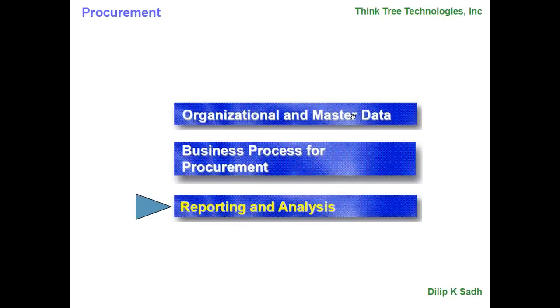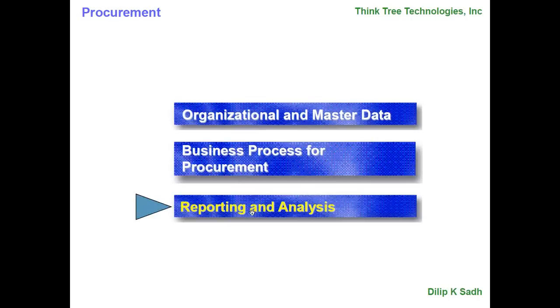In the master data, I talked about two: material master and vendor master. For the purchase process, we talked about the eight-step process, and then four main process flows: purchase requisition, purchase order, goods receipt, and invoice verification.